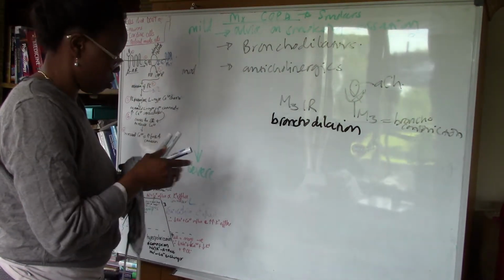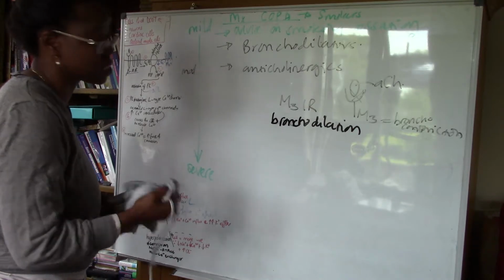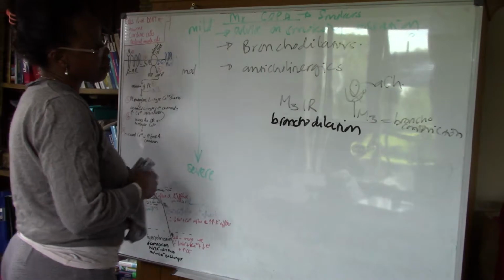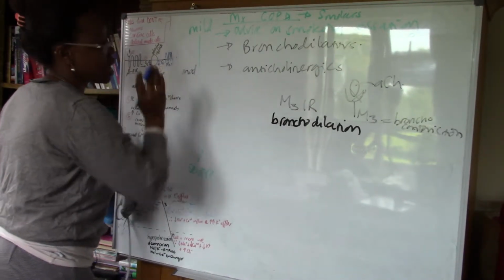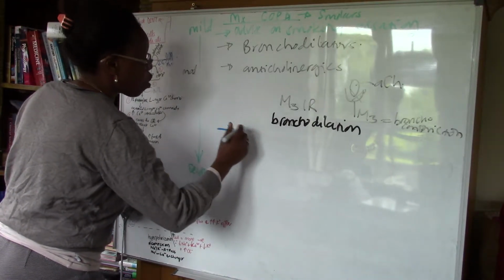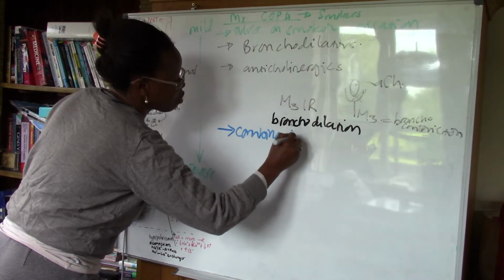So this is a quick review of how the M3 receptor antagonists work. The other medications that can be given in terms of bronchodilators are combinations of therapies.